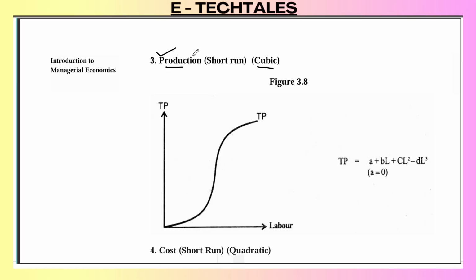Because whenever a company begins production in the short run, it always inclines toward an uptrend. Okay, so TP, total production, is equal to a plus bl plus cl square minus dl cube. A, B, C, D, these four are the constants. Okay.